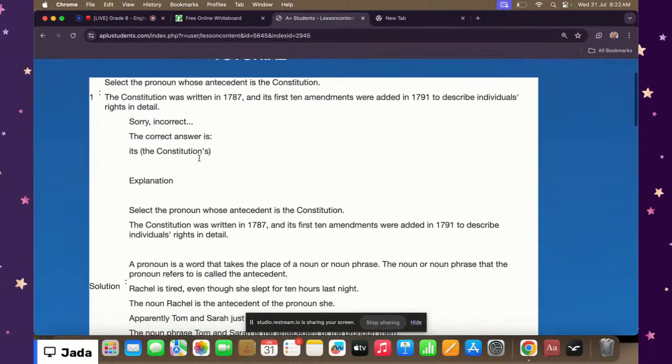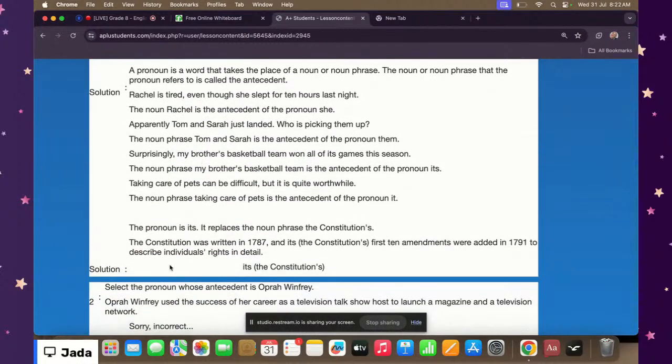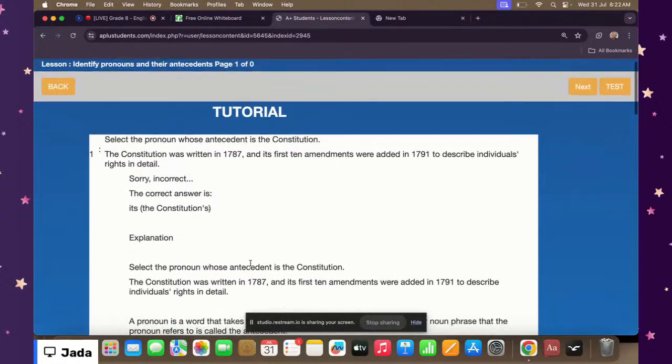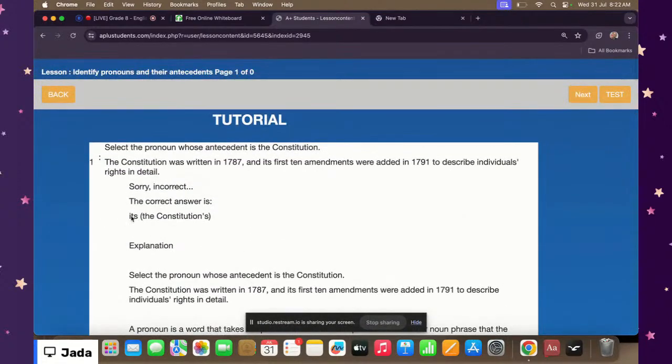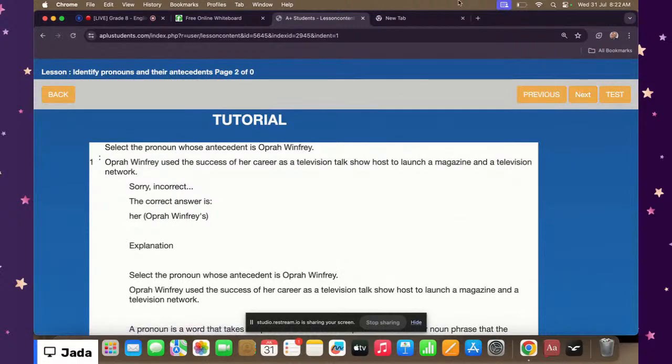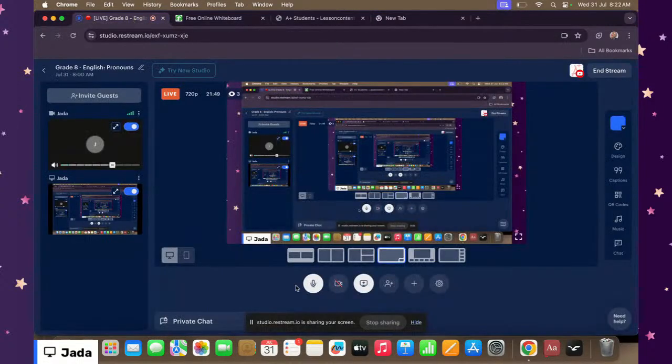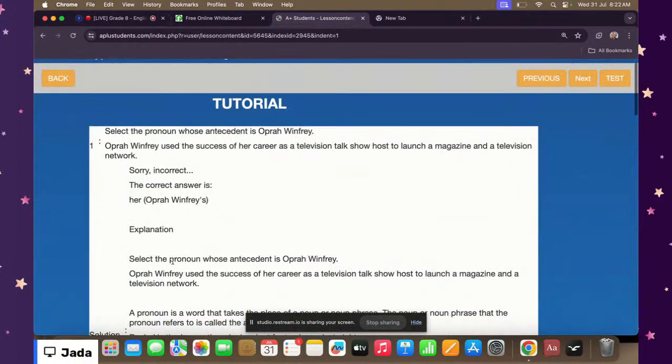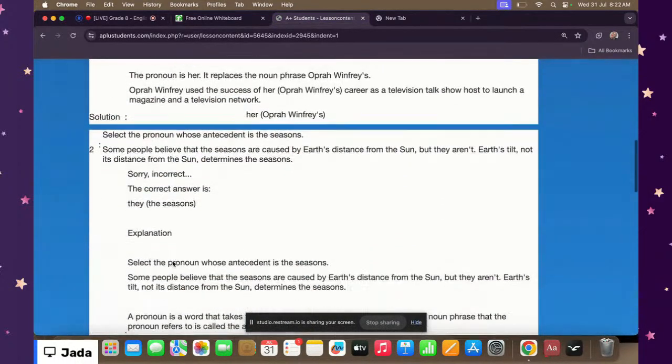It is its, the Constitution's its. All right, let's look at some more examples.